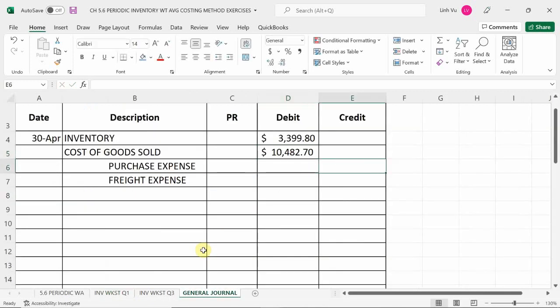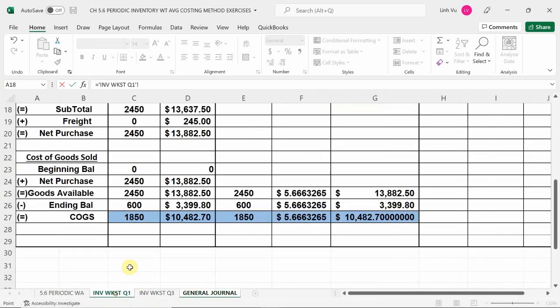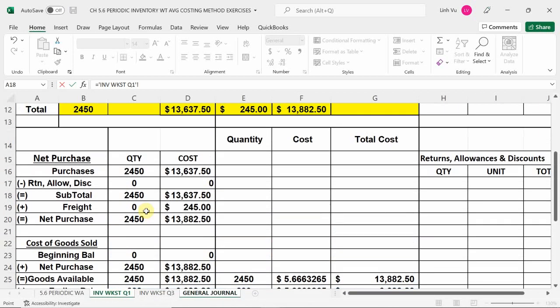What was the total value of my cost of goods sold? $10,482.70. Okay. What was the total value of my purchase price? $13,637.50.